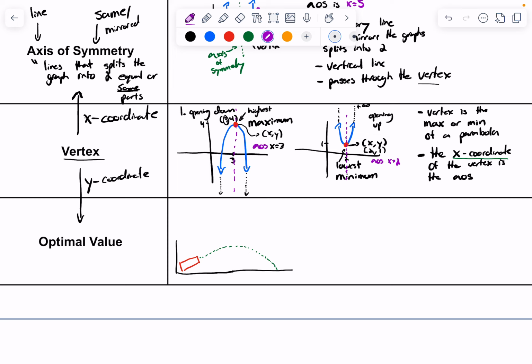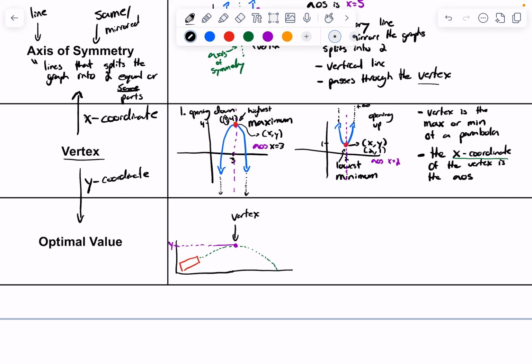Well, that would be right here. That coordinate would be your highest point right there. That would have some y coordinate. That right there is the vertex of this parabola I've drawn.